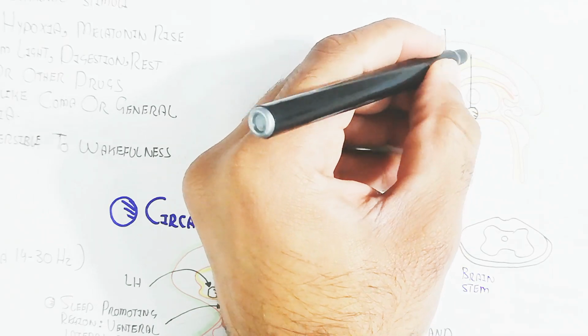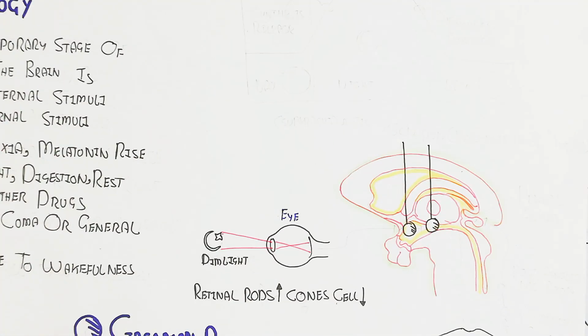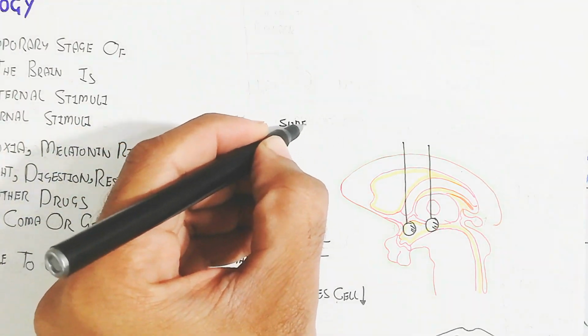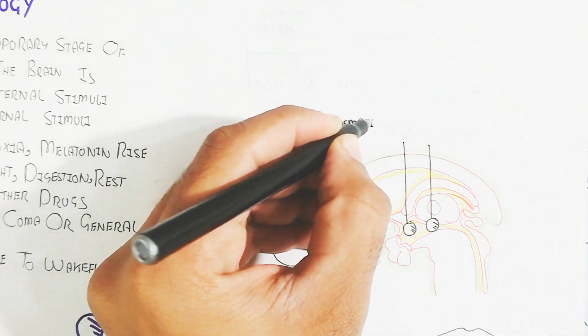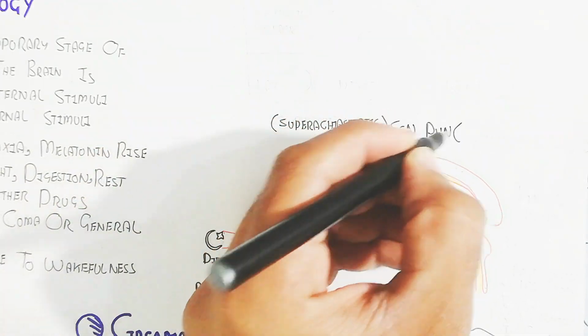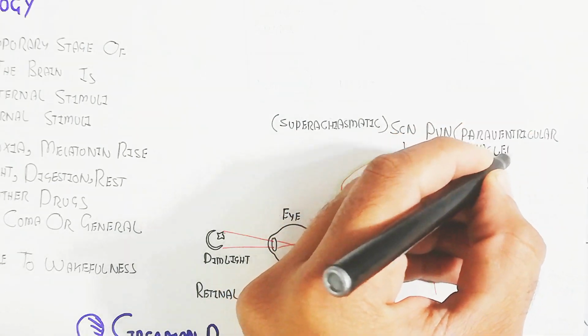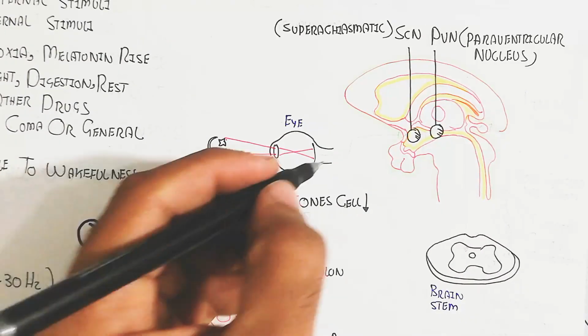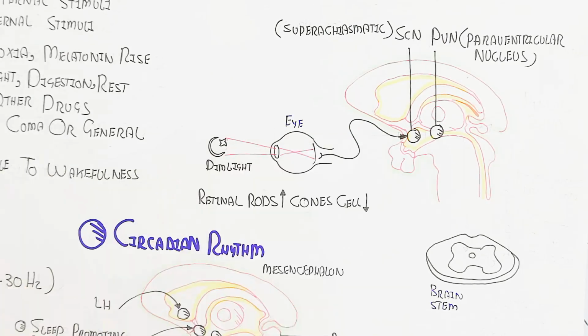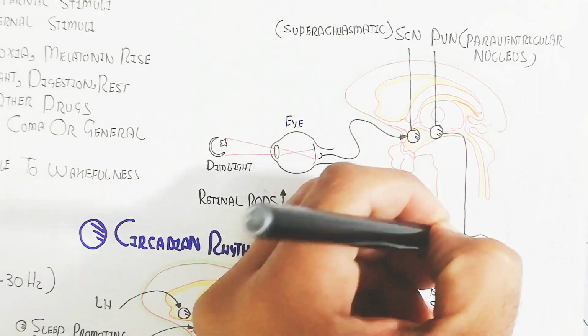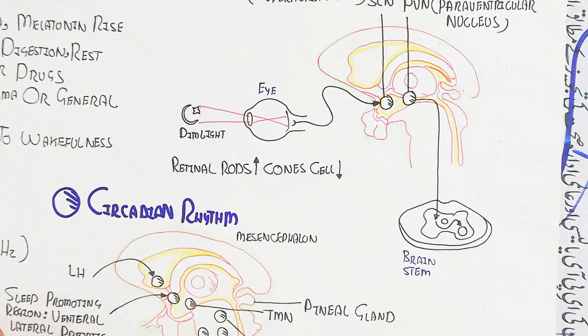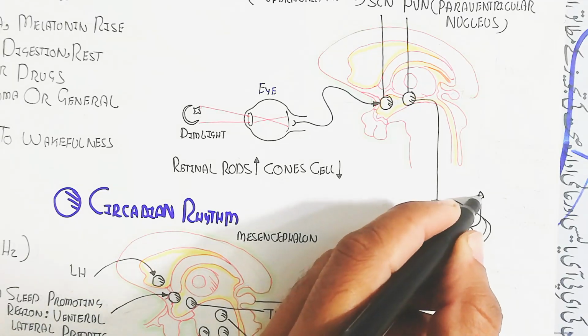When rod cells sense light, the optic nerve triggers the SCN, the suprachiasmatic nucleus. The suprachiasmatic nucleus triggers the paraventricular nucleus, which triggers the spinal cord and brainstem, leading to the preganglionic sympathetic axon.